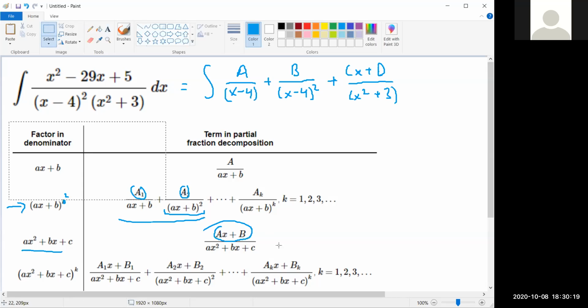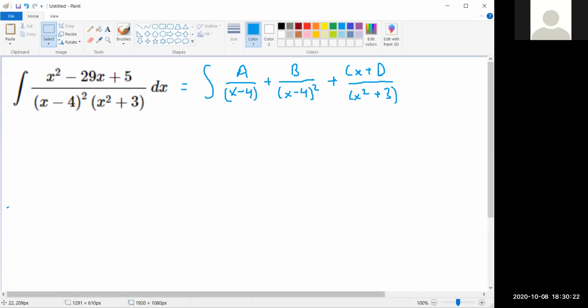All right, let's continue this question now. Our goal is to find A, B, C, and D such that the two integrals are equal. So why don't we combine the 3 fractions to get an equation.